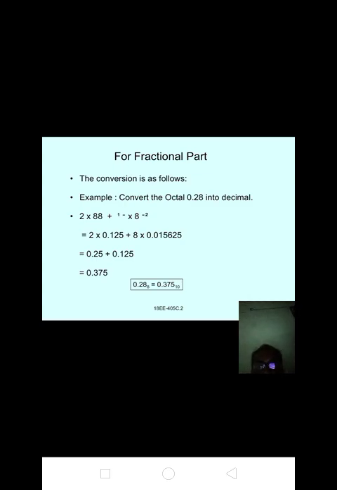We get the value 0.25 plus 0.125, that is 0.375. So 0.28 base 8 equals 0.375 base 10. It is the equivalent value of octal.